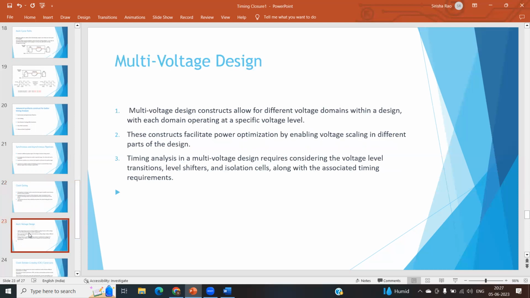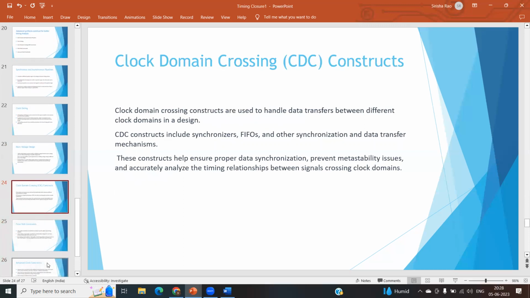Multi-voltage design allows different voltage domains within the design, and these constructs facilitate power optimization by enabling voltage scaling in different parts of the design. Next, the clock domain constructs are used to handle data transfer between different clock domains in a design.